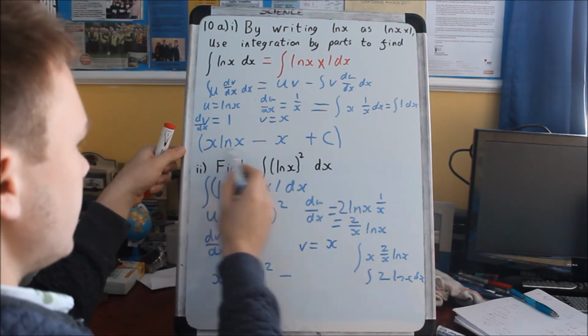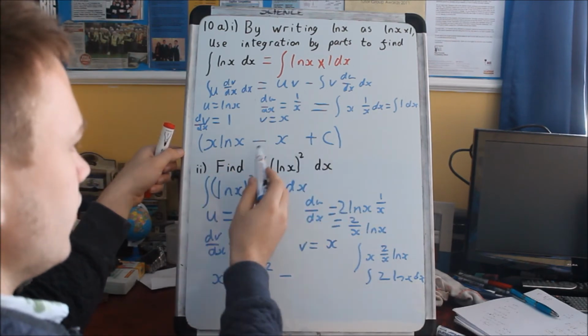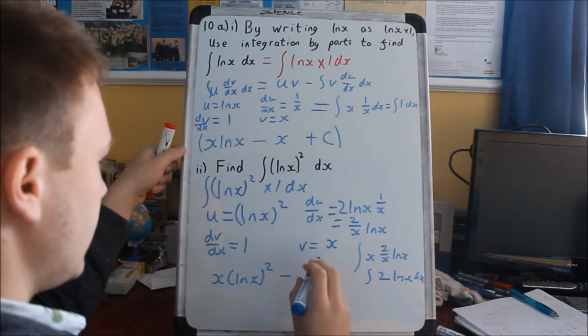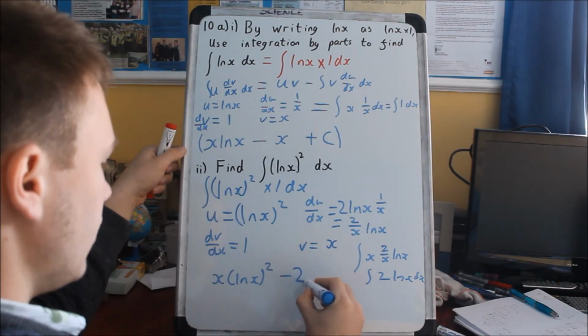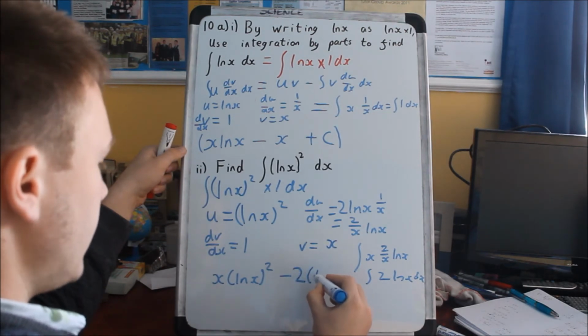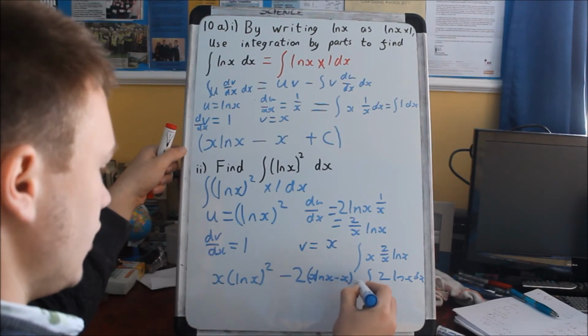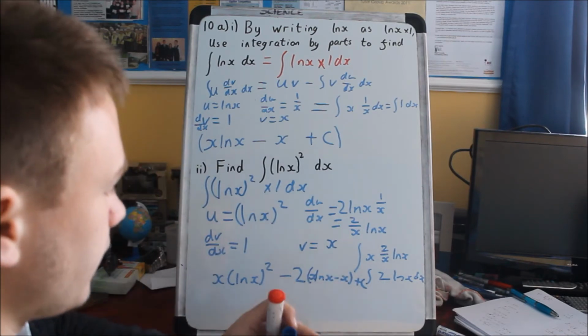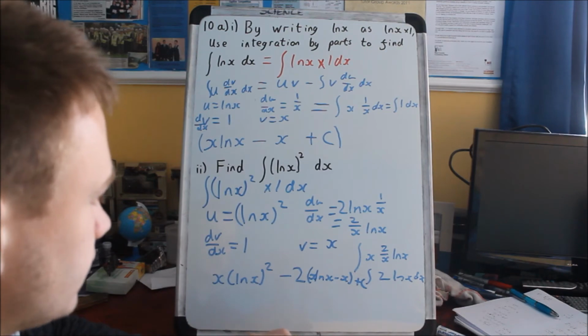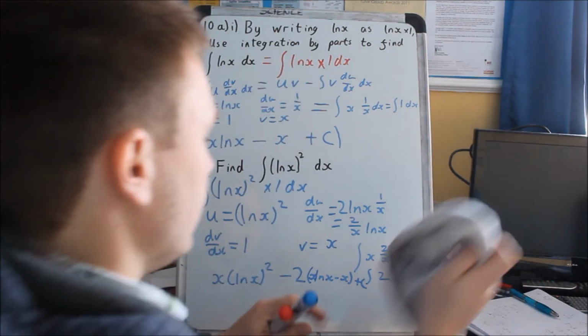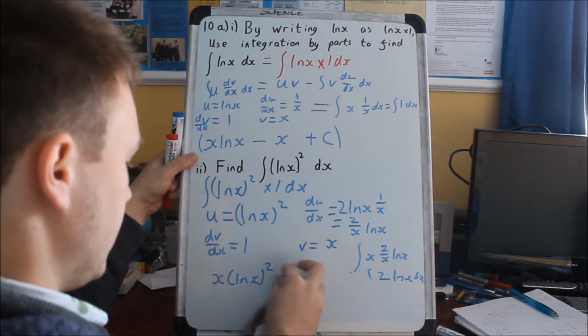So we're going to be using this. It's going to be 2 lots of this. So it's going to be minus 2 lots of x ln x minus x. Then the whole thing will have a plus c. So I'll write that a little bit clearer on the line below. I'll do it again a bit.